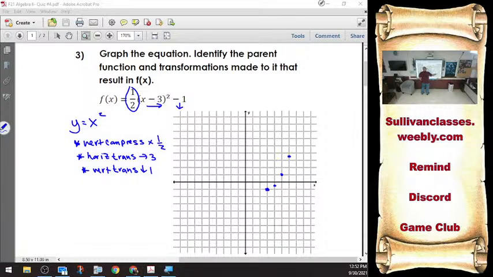Over 4 up, not 16, 8. Over 5 up, 25 halves, which is going to be like meh. So we're already off-road. Mirror them across your axis of symmetry. Connect the dots, try to keep it curvy.